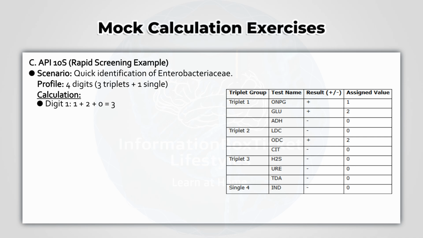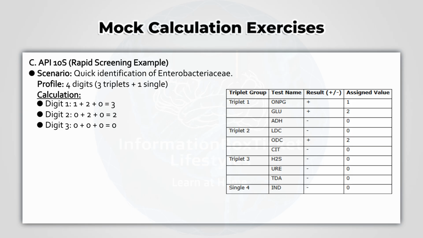Triplet 2, LDC is negative, 0. ODC is positive, giving 2. CIT is negative, 0. So the second digit becomes 2. Triplet 3, H2S is negative, 0. URE is negative, 0. TDA is also negative, 0. The total for this triplet is the third digit, 0.